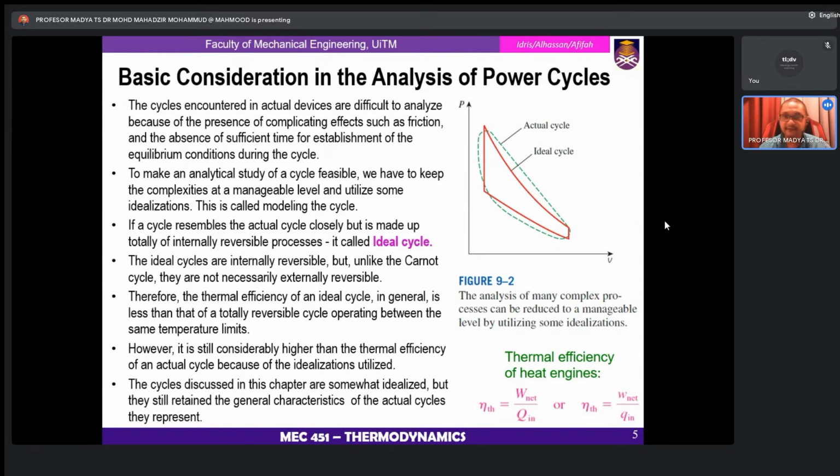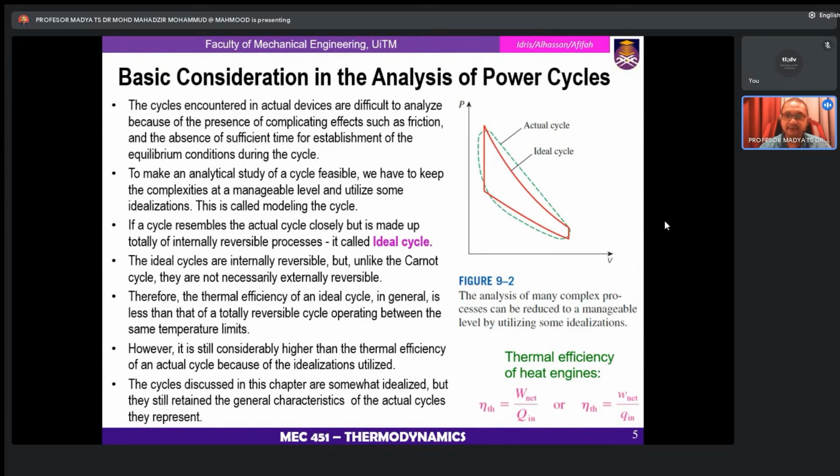Okay, the red one is the ideal cycle, and the dotted line is the actual cycle. As you see at these two cycles, you can notice that the actual cycle has a curved line compared to the ideal cycle. Okay, so when you want to do the analysis based on calculations, actually we have to consider the ideal cycle.